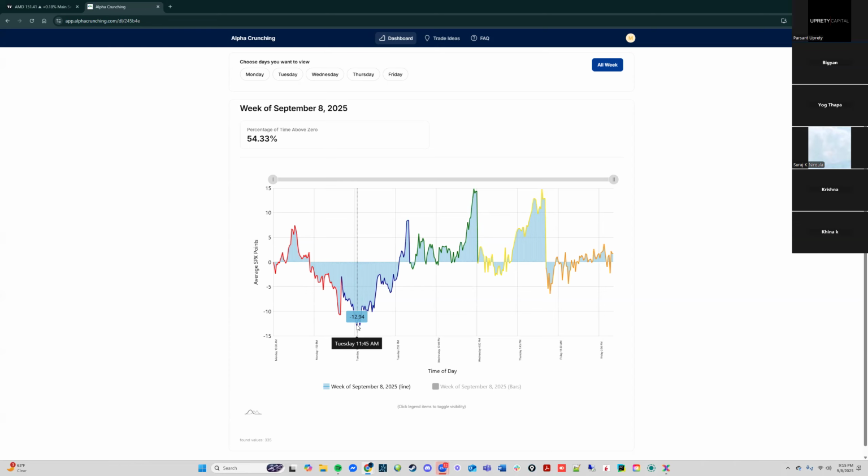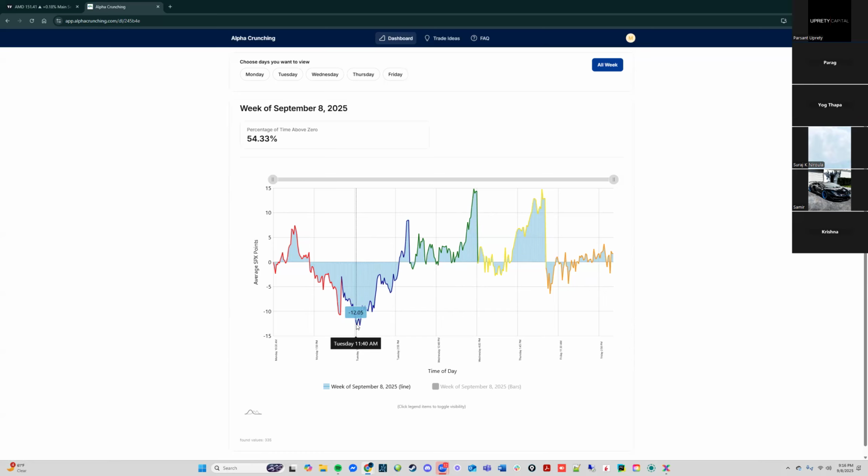Anyone? I saw Jay type in the chat 2 points. So it's actually 120 points, so 12.94 would be a dollar and 20 cents. Yes, Parag, $1.20. Because remember, every 10 points is $1 on SPY.